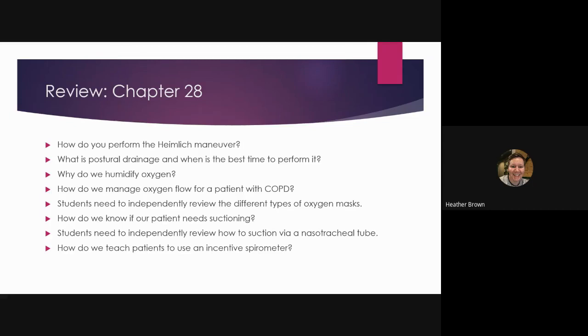And then what would we need to set the suction machine to? Kind of tricky. 80 to 120.